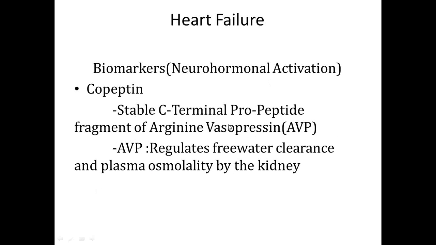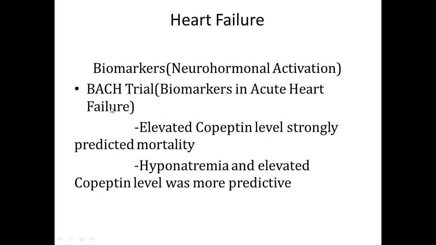But you can measure how much of this AVP, arginine vasopressin, is produced by looking at copeptin. I would say that copeptin is just a stable C-terminal portion of the propeptide. So there's the BACH trial, which stands for Biomarkers in Acute Heart Failure, that showed that elevated copeptin level was strongly predictive of mortality.